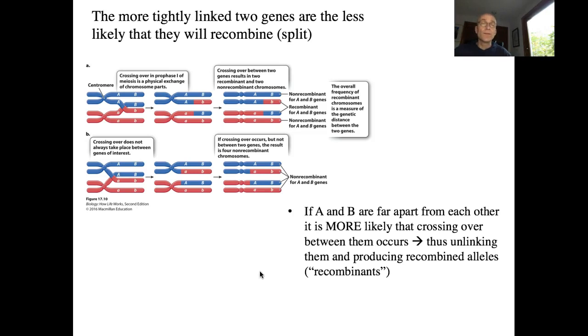The further they are apart from each other, the more likely that this event happens in between them. And when that occurs, when the recombination occurs in between them, like it does over here, then you are unlinking the two genes from each other and you're producing recombinant alleles. Those are then just called recombinants. And that is the process of unlinking two otherwise linked genes.